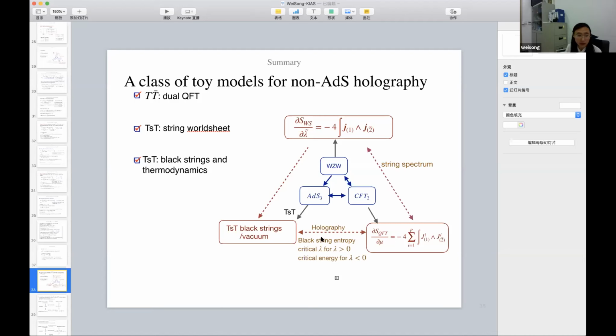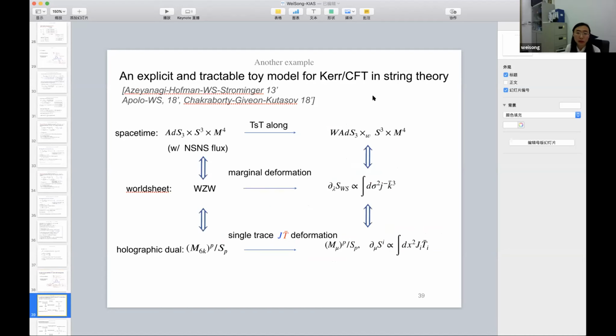So this is the TTbar, and similarly, one can also do a very similar construction. As I mentioned before, if you do a TsT using the two circles in AdS3, you get TTbar deformation. If you choose one circle in AdS3 and another circle in the internal direction, you will get a JTbar deformation.